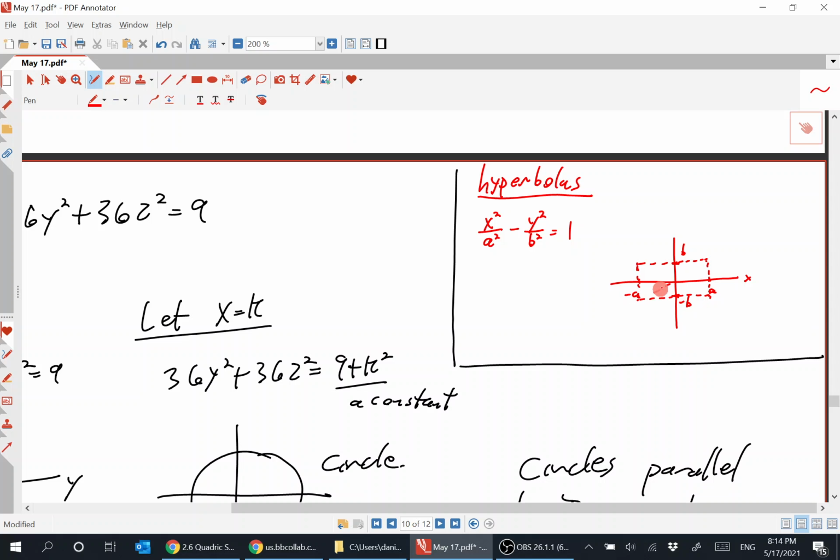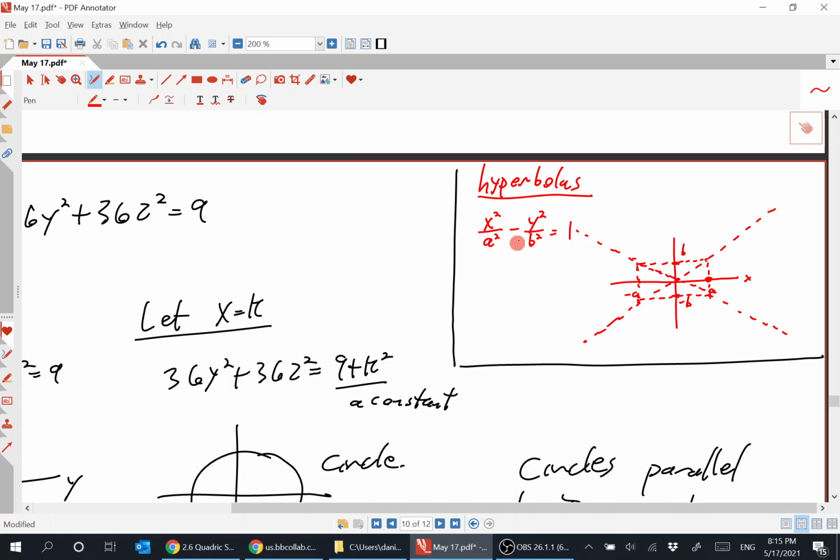And then the diagonals of that rectangle give you this sort of guide for the slant asymptotes of the hyperbola. Now, which way does the hyperbola open? It opens along the positive variable, so the axis for the positive variable.